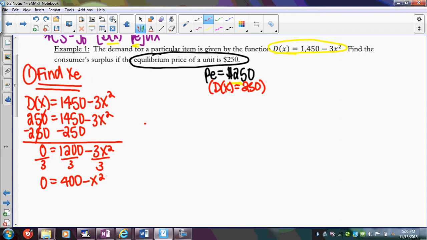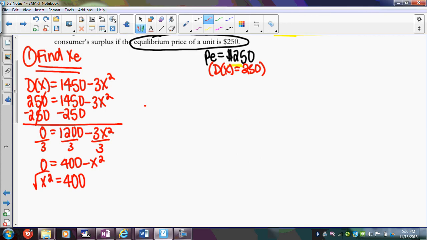And then at this stage, you have options. You can do difference of perfect squares factoring, since you have 2 perfect squares. Or we can just bring the x squared over, or the 400 over, whichever way, and solve for x. So I'm going to bring that x squared over so it's positive, and then I'm just going to square root both sides.